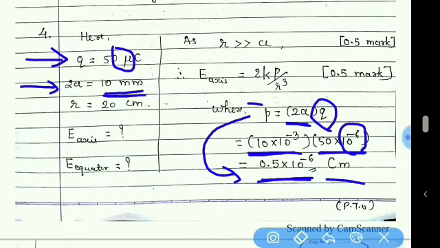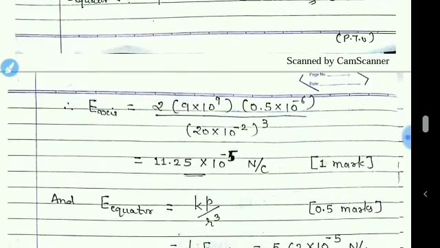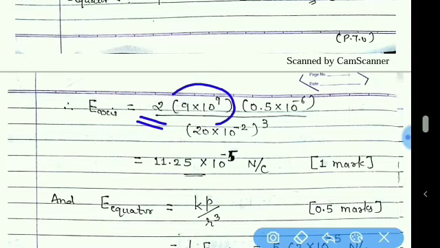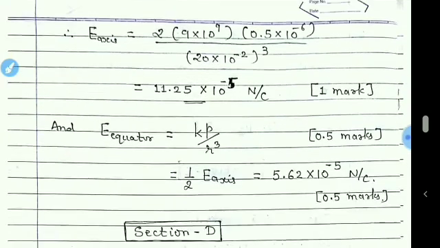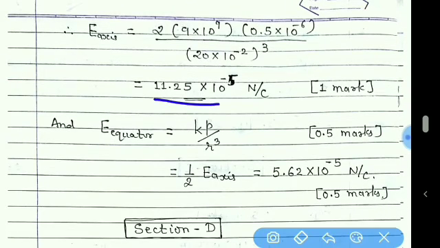Now using this P and the other values in this equation, we get 2 value of K, value of P which is obtained, and value of R and its cube. After putting these values and calculating, we get this answer.